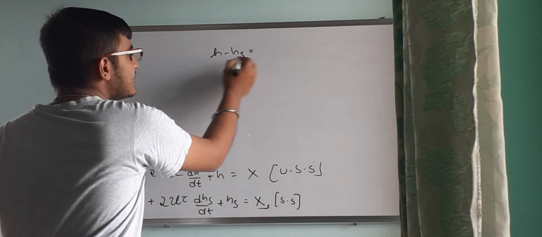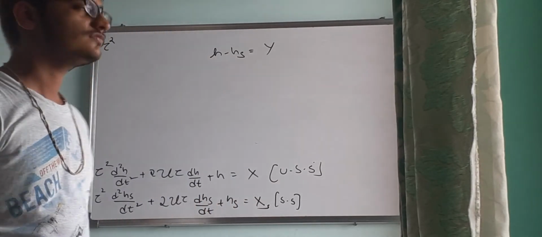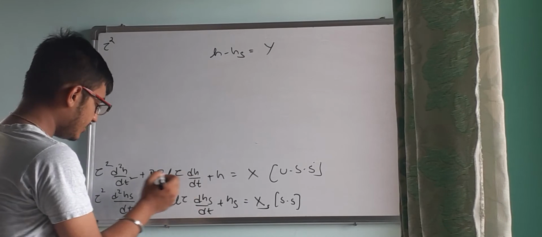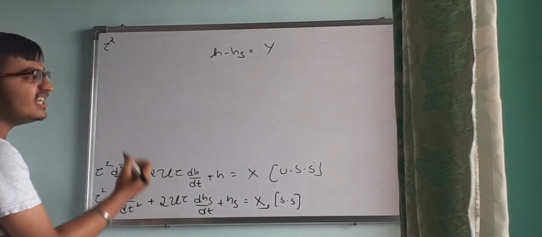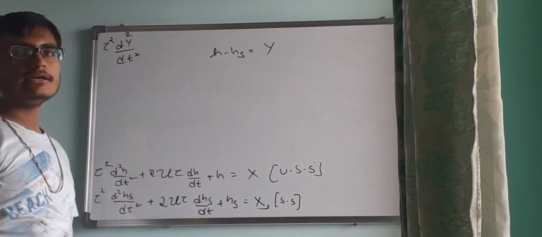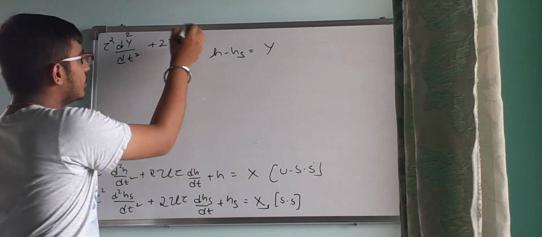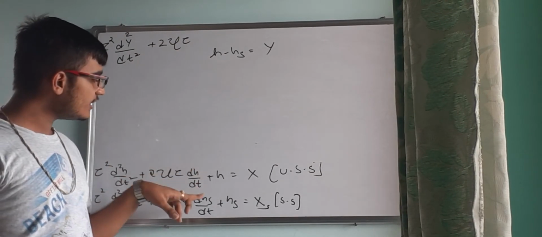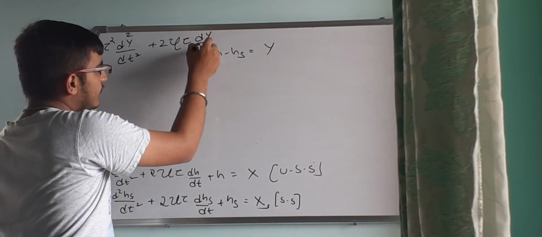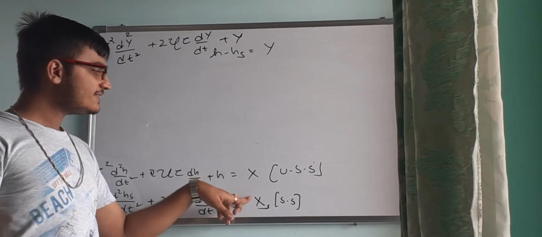Let us consider h minus hs as some capital function Y. So d square (h minus hs) by dt square becomes d square capital Y by dt square, plus 2 zeta tau d(h minus hs), again d capital Y by dt, plus h minus hs, which is capital Y, equals x minus xs.